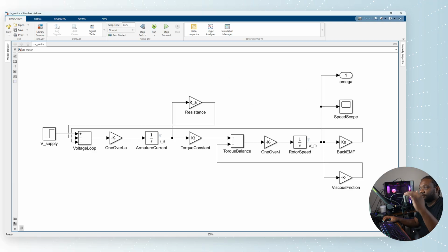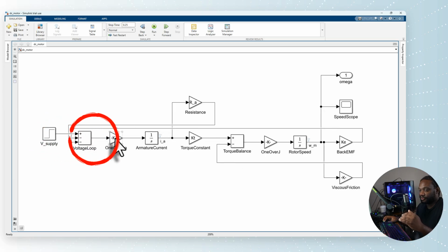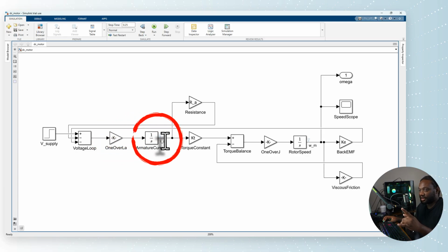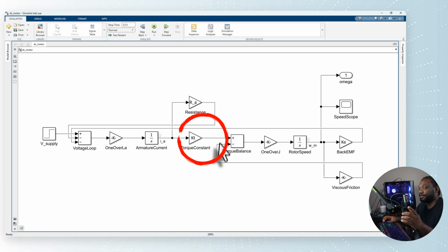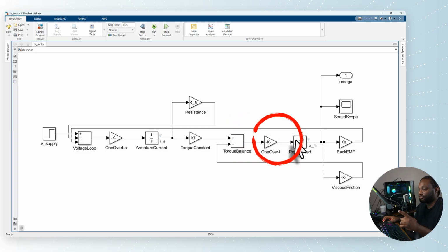Okay, I need to check a few things here to make sure this is done correctly. Number one, we've got the voltage supply and the loop. So we start with the voltage supply. It goes through here and it should generate a current, which it does, IA. The current generates a torque, yes, and the torque gives us a rotor speed.